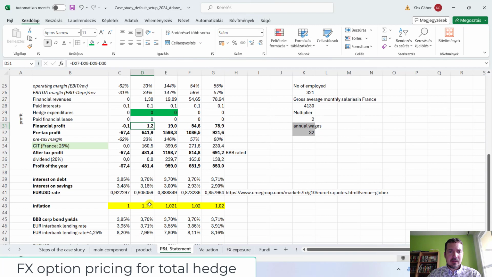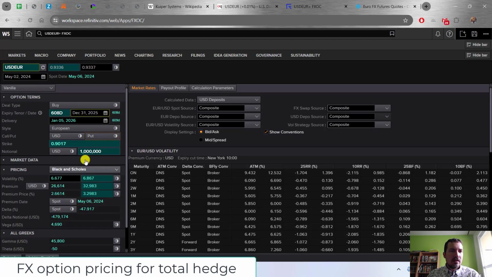Strike price. I would like to fix the current one. Okay, so this will be my... no, it's in euros. Notional.